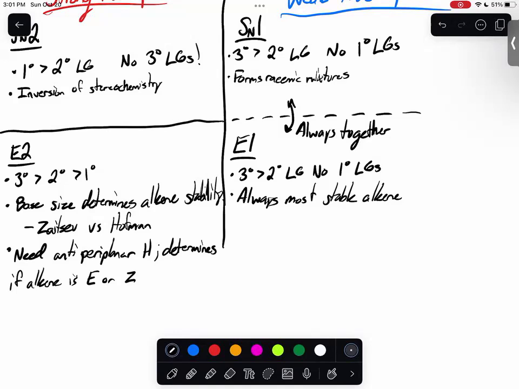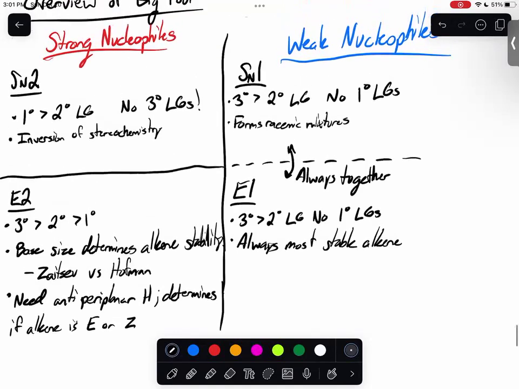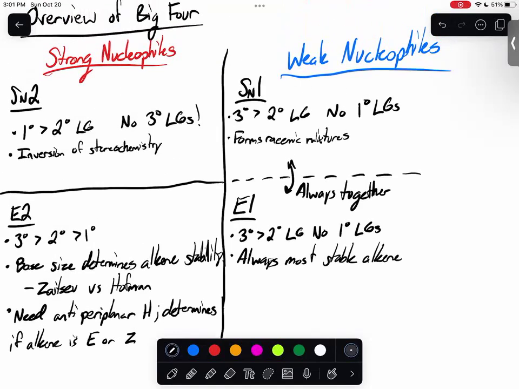And then last but not least for each of these, they do have some solvent specificity. Now keep in mind, this is the least important piece of each of these. The things I've already listed above are more important. But in terms of solvent, SN2 wants polar aprotic solvents. SN1 wants polar protic. E1 also wants polar protic.